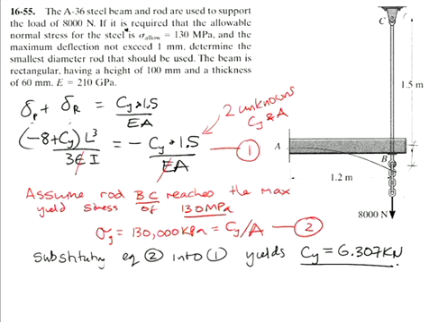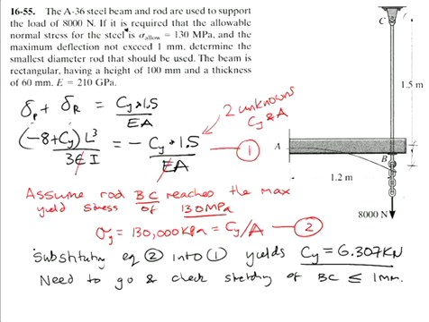But before we do that, we need to go and check that the stretching of BC is less than or equal to 1 millimetre. We need to check this as well.